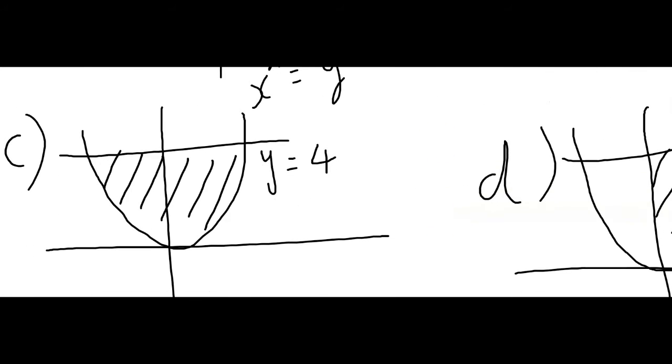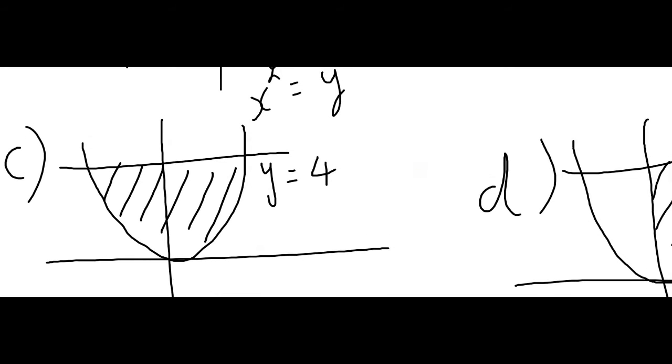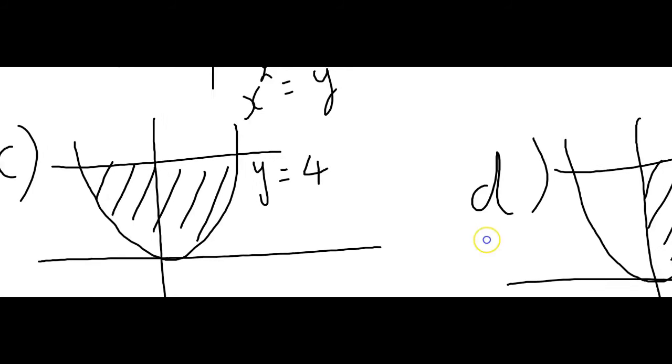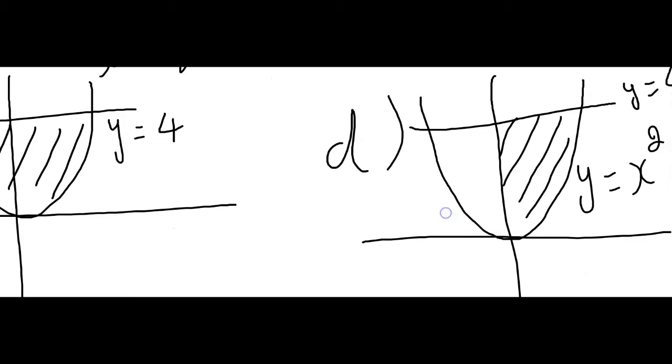Option C is correct. We can see that x squared is equal to y, open upwards, and the line y is equal to 4. That is also correct. And D is also correct. The line is parallel to the x-axis and the parabola is also open upwards.